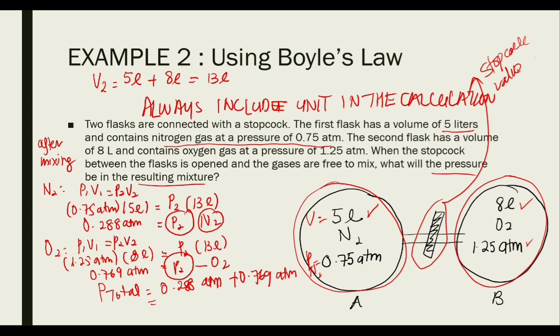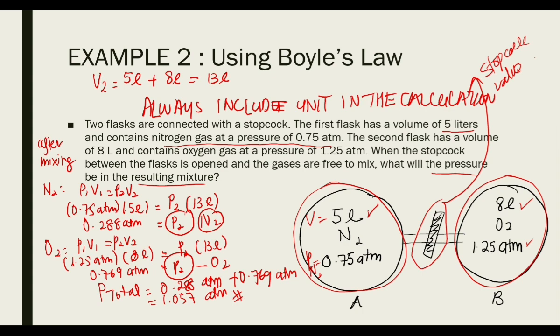I mean, don't leave it at 1 or 2 decimal places. At least leave it up to 3 or 4 significant figures, and you can only round off at the final answer. Okay, so this is the answer: 1.057 atm is the total pressure after mixing.